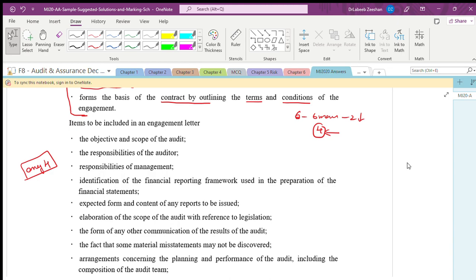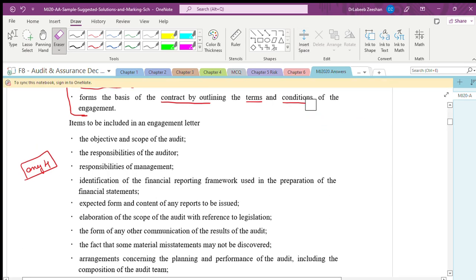So make sure whenever they are asking you 6, you have to write 6. They are asking you 2, you have to write 2. Keep that into consideration. Okay. Fine.